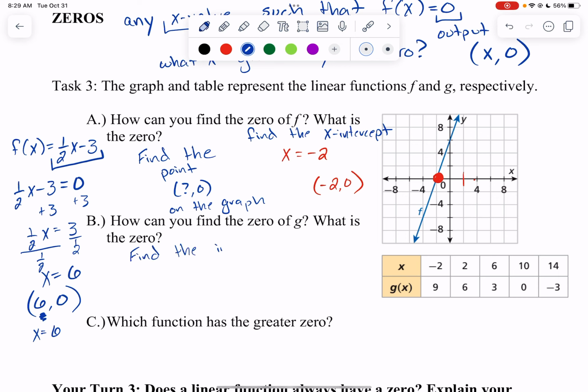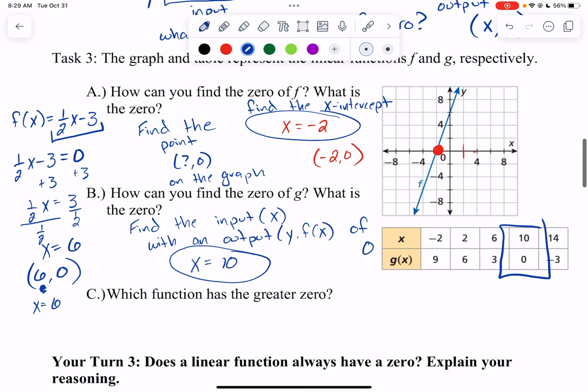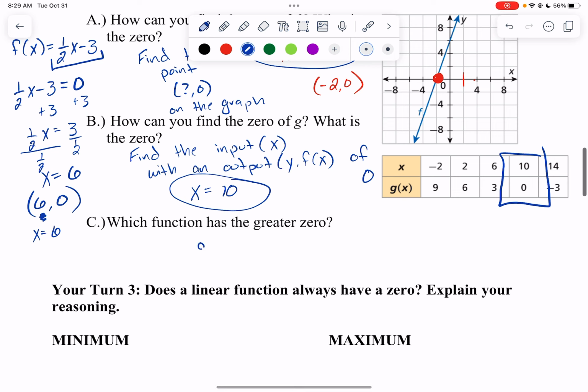Find the input, or x, with an output, y or f of x, of 0, which is right there. So my 0 for that is 10. There are my two zeros, x equals -2 and x equals 10. Which function has the greater 0? G of x has the greater 0. 10 is greater than -2.